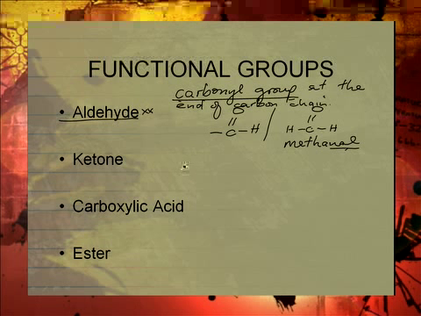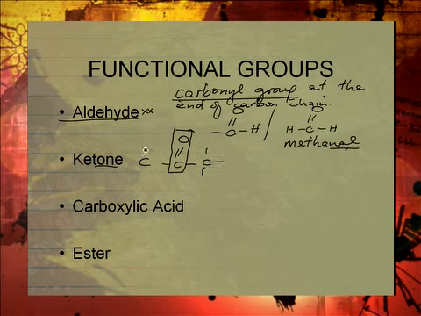Coming to ketones, what are ketones? Ketones would also have a carbonyl group. Now, how different are ketones from aldehydes? The ketones will always have the carbonyl group somewhere in between carbon atoms. So there is your carbonyl group. It's somewhere in between carbon atoms, and this functional group tells you that the molecule you're looking at is a ketone.